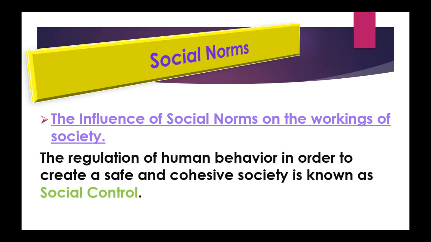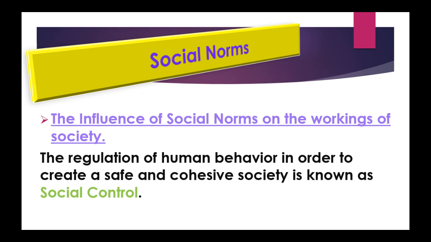What is social control? Now, social control is based on a set of long established rules or standards which are generally accepted by most people who agree to behave in a way that supports them, right? Now, these rules and standards are patterns of acceptable behavior, right?